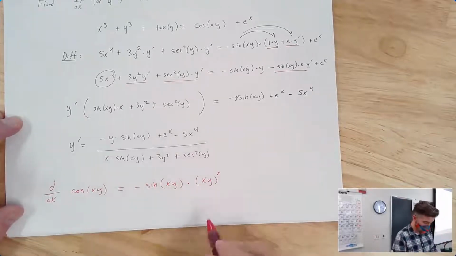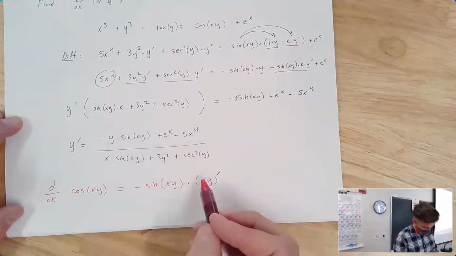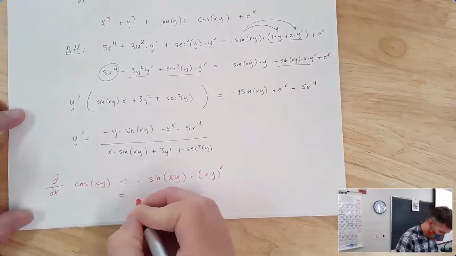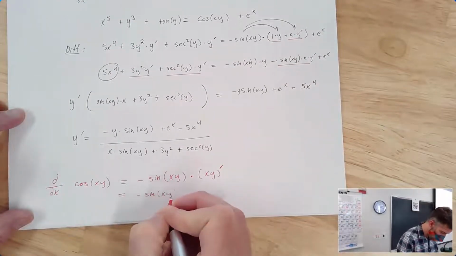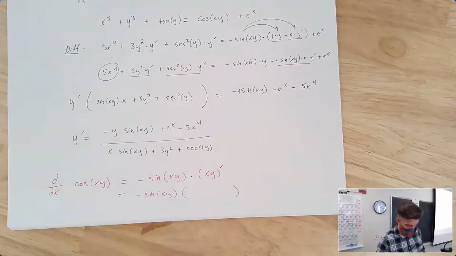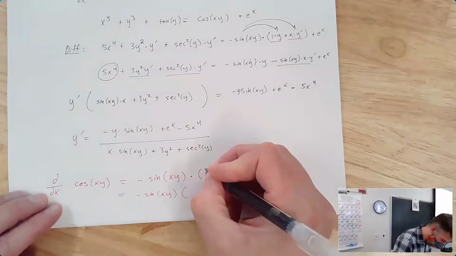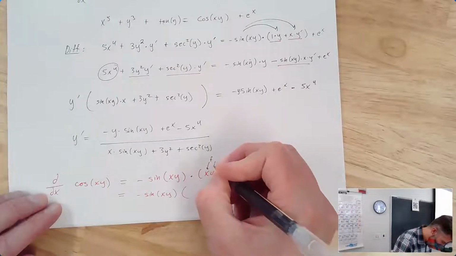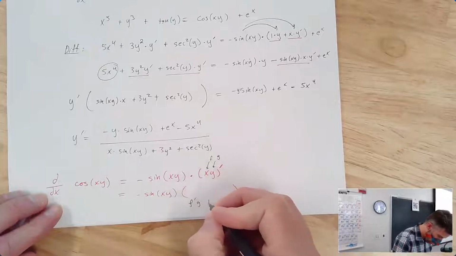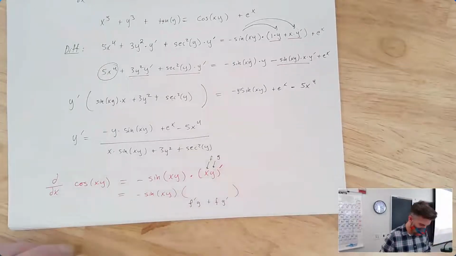But when I take the derivative of xy, what rule do I have to use? Product rule. So I still have the negative sine of xy, and then for the derivative of xy, I have to do the product rule. You can think of x as f and y as g, and I know it's going to be f prime g plus f g prime.